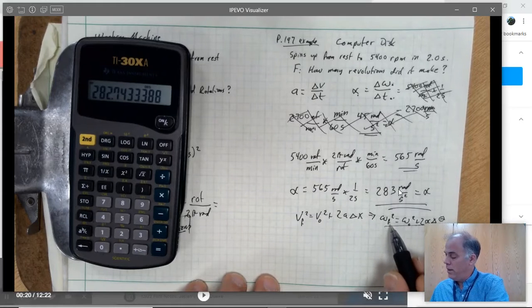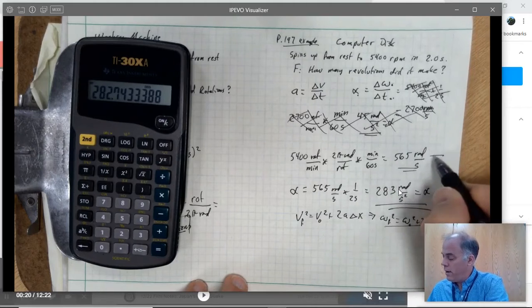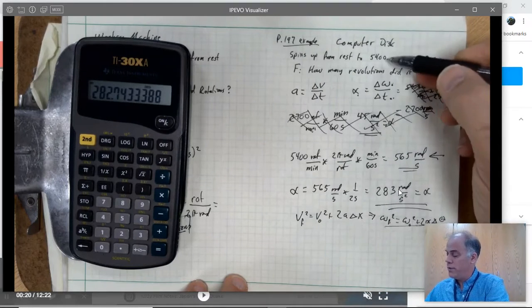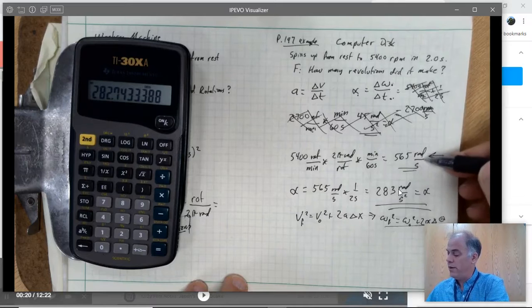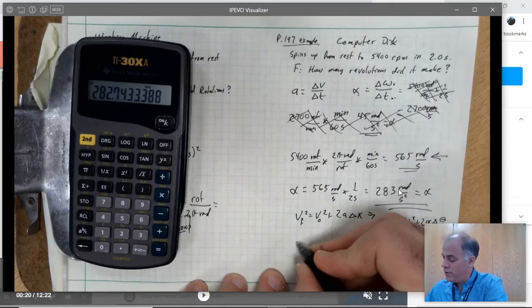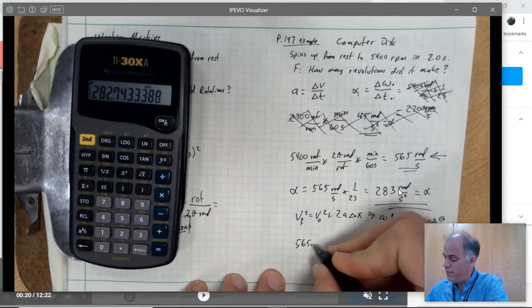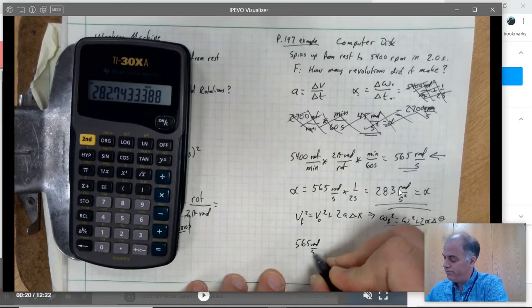Now, our final angular velocity is this one right here. That's what we figured out was the final speed. That 5,400 RPM translated into radians per second, 565. So we're going to go 565 radians per second.